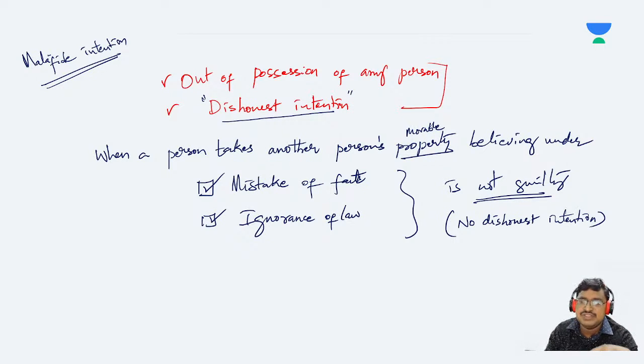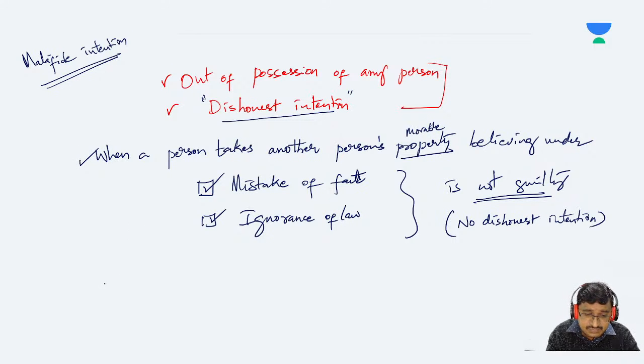Whenever he takes the defense of mistake of fact or ignorance of law, then the burden of proof to prove that there is no guilty intention, that I have taken away the movable property of another person by mistake of fact or ignorance of law, entirely lies upon him. It is one of the important points we need to note.